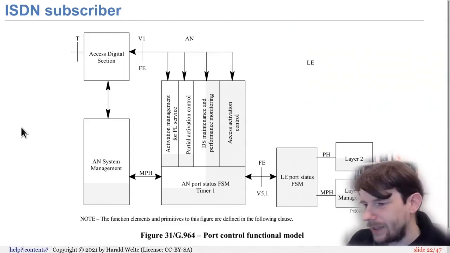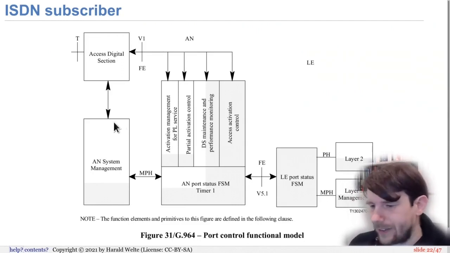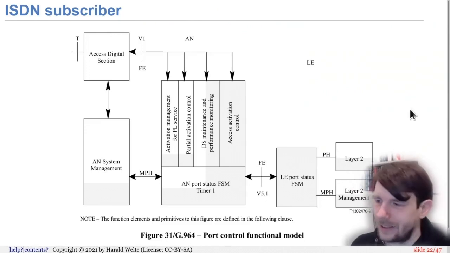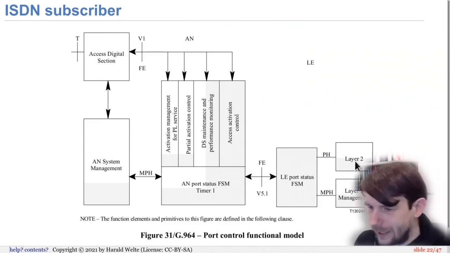That's the normal ISDN protocol stack. So the way this is handled in the V5 is that the actual Q921, Q931 signaling, the layer 3, layer 2 signaling of ISDN arrives at the access network and is then enveloped, encapsulated, and tunneled through the V5 interface and then passed to layer 2 entities and, of course, layer 3 entities in the local exchange.